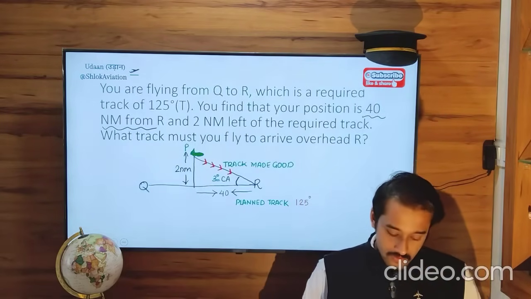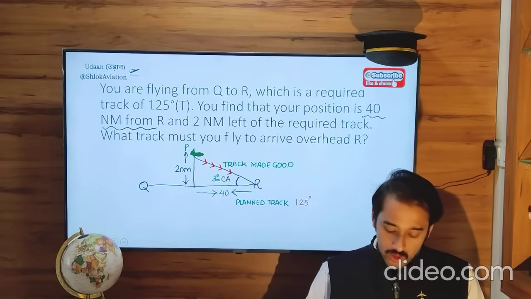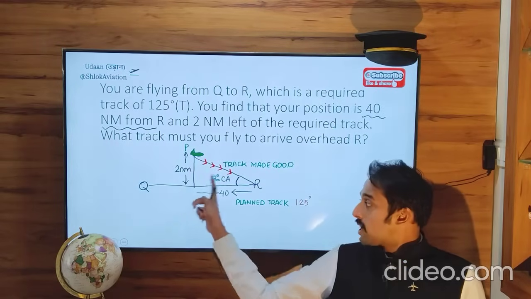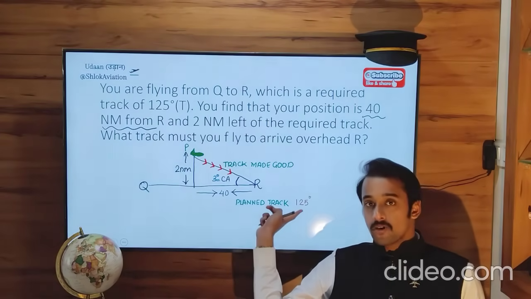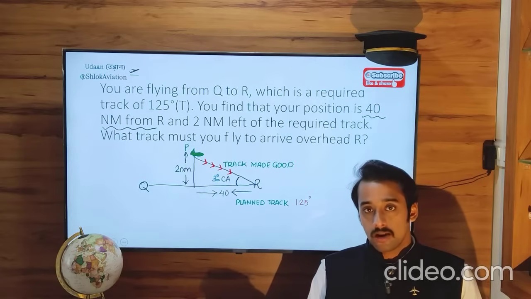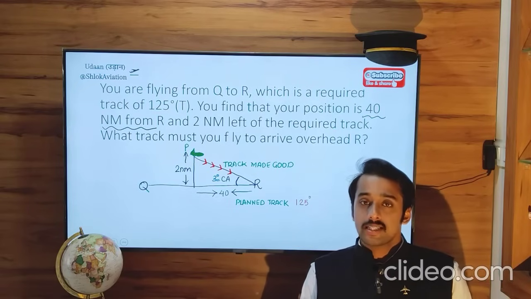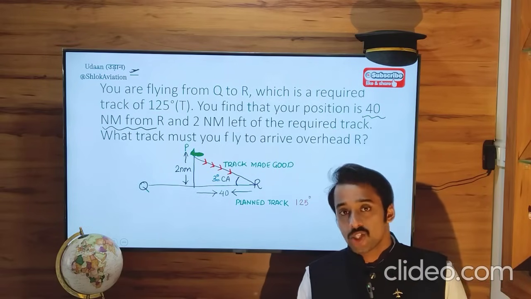Over here, you're flying from Q to R, which is a required track of 125 degree. So QR is your planned track of 125 degree. You find that your position is 40 nautical miles from R. In the questions we solved so far, we always had distances given from the departure point.